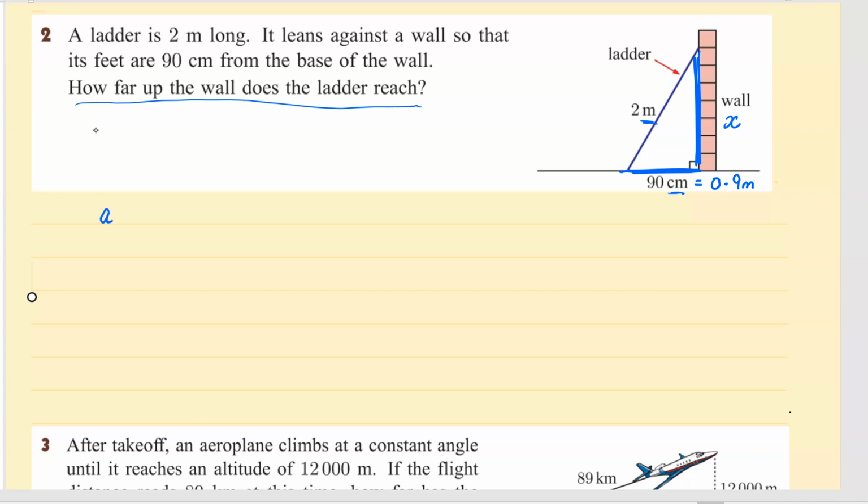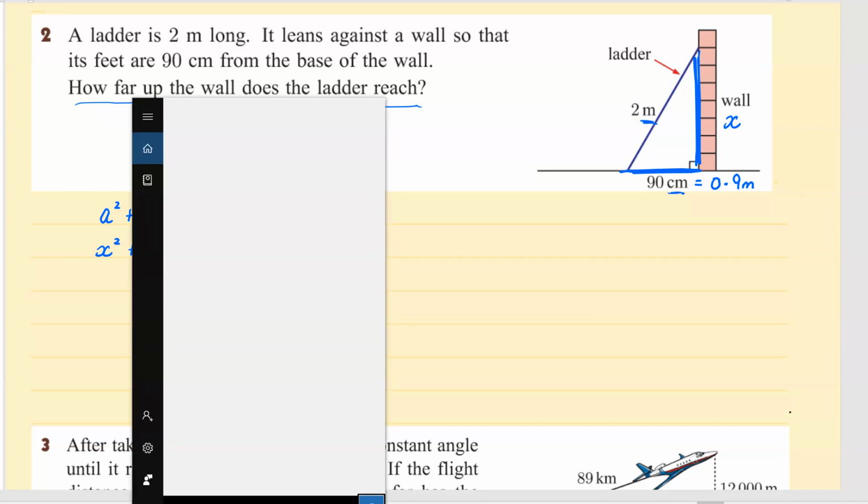So again, write your rule and pop your information in. Okay, so A is, I'll call that the x, and B is 0.9, equals 2 squared. Okay, and again, let's get rid of our plus 0.9.